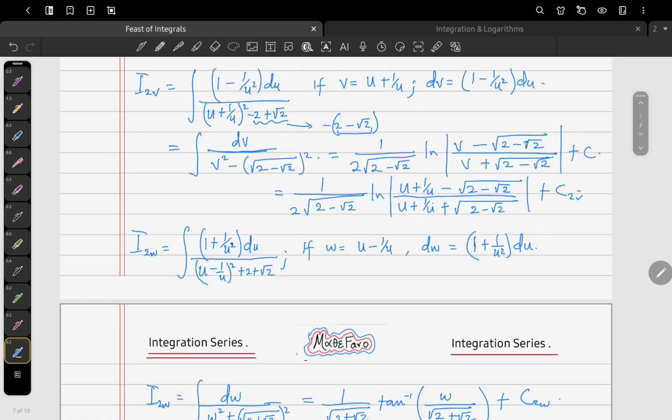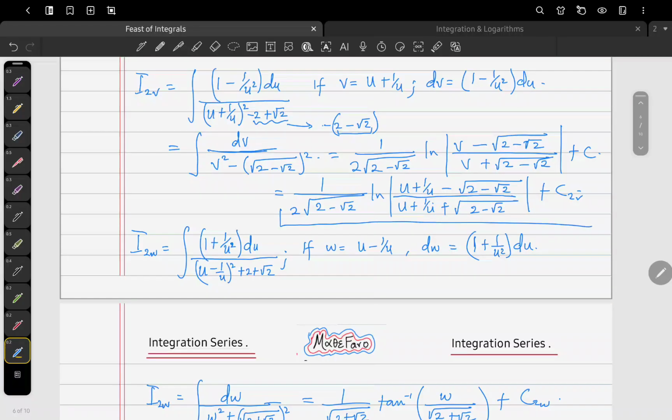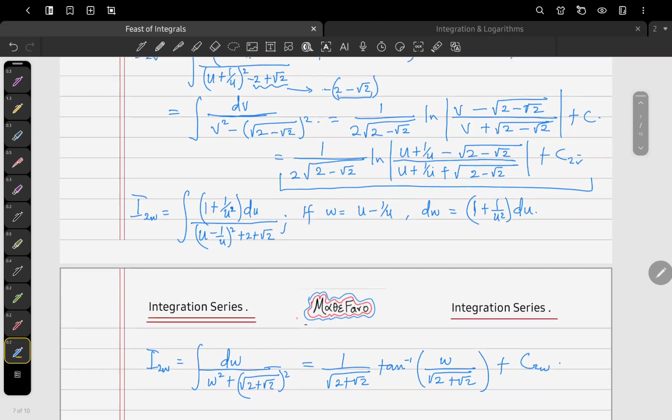So I2v is 1 over 2 root 2 minus root 2 natural log of v minus square root of 2 minus root 2. Okay, that looks nice.